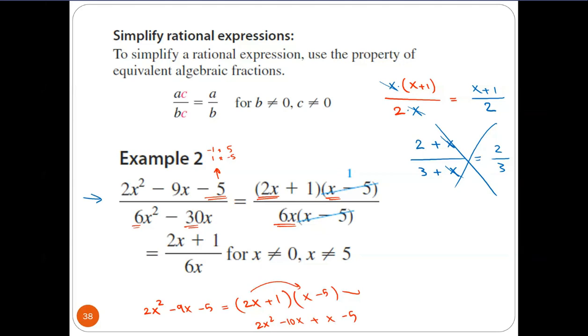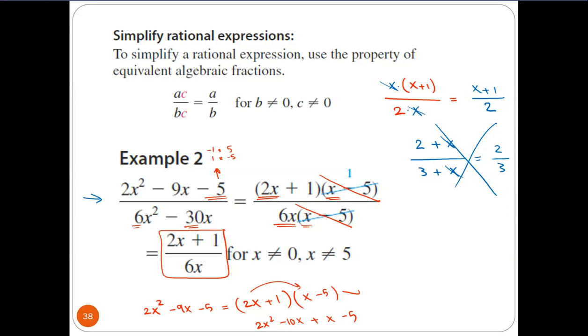Now, if we take 6x, the rest equals x from the first term. From the second term, we already took x. 30 divided by 6 equals 5. Okay. Now, look at these two brackets. x minus 5, x minus 5, we can remove it. And the final result equals 2x plus 1 over 6x.